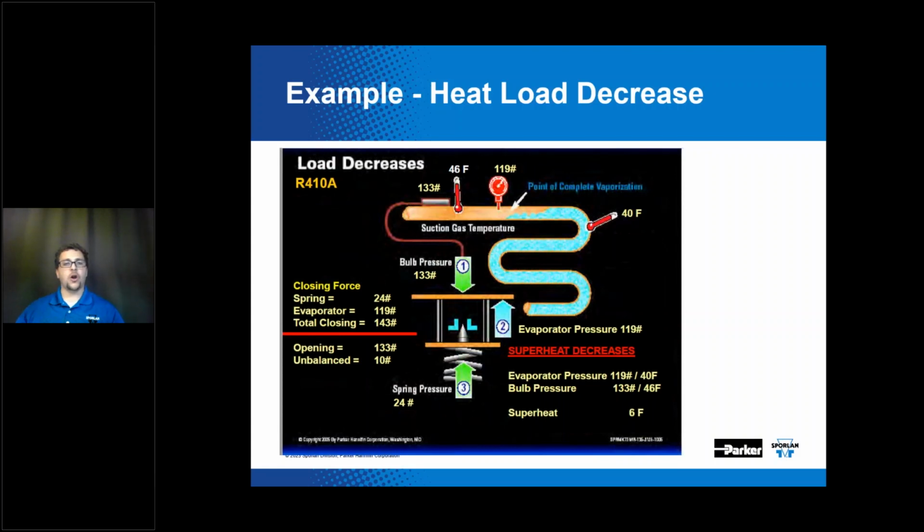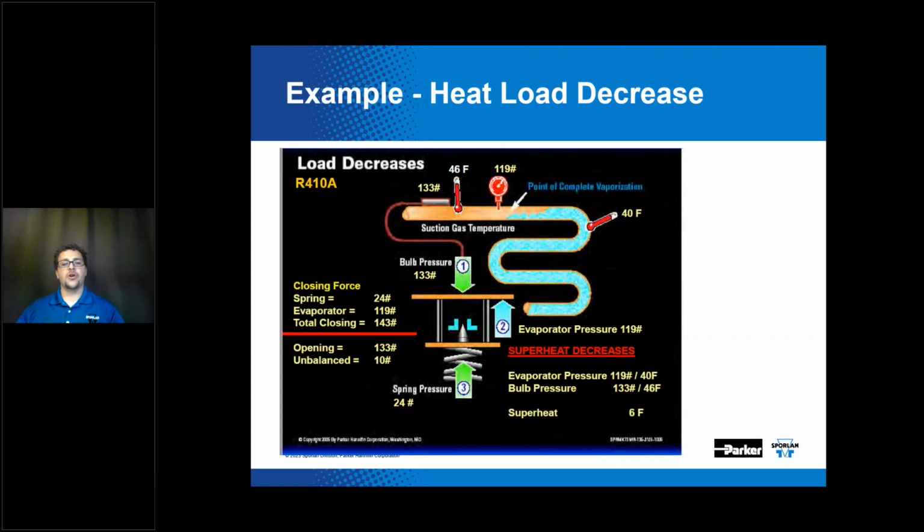Again, I'll refer back to that equation in the bottom right. The 46-degree bulb temp minus the saturation temp of 40 degrees is how I came up with that 6 degrees of superheat. So a 46-degree bulb temp now gives us 133 pounds of opening force on the top side of the diaphragm, and neither our spring pressure nor our evaporator pressure have changed.